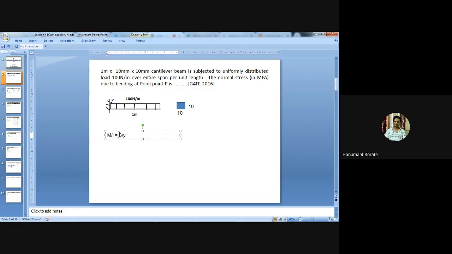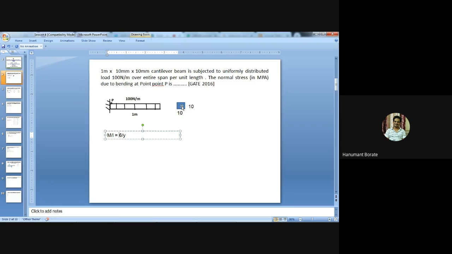So we know the formula, that is the flexure formula, M by I equal to sigma by y equal to E by R. M means maximum bending moment, I is the moment of inertia, sigma is the bending stress, and y is the distance from the neutral axis, the distance of the extreme fiber, meaning upper fiber and lower fiber, from the neutral axis.